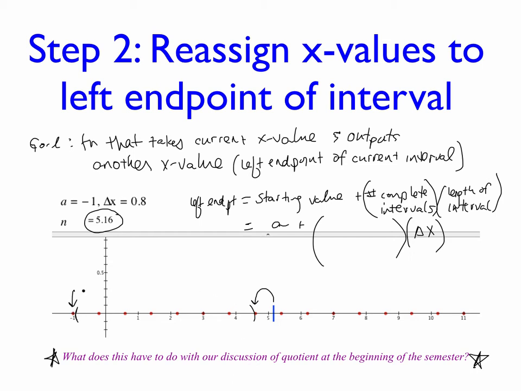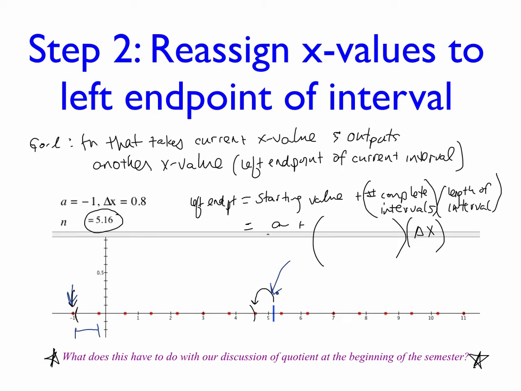Well, if I want to know the number of complete intervals, related to what was actually given to me, what was actually given to me was, again, this starting value, the length of each interval, and the current x value.